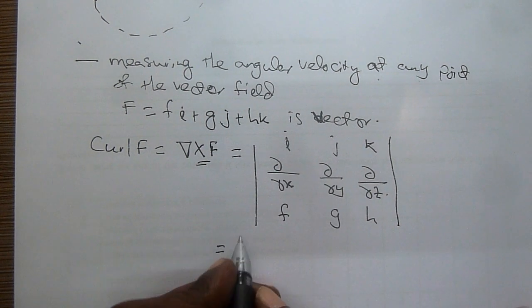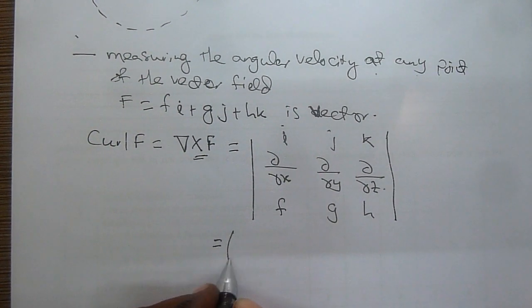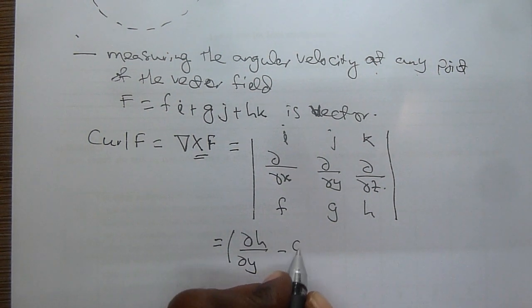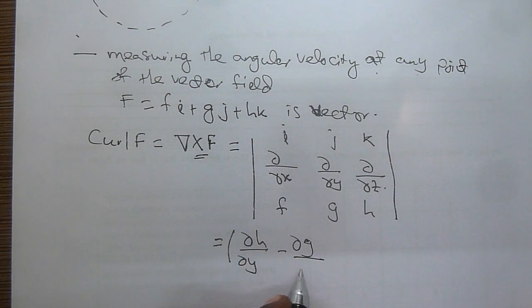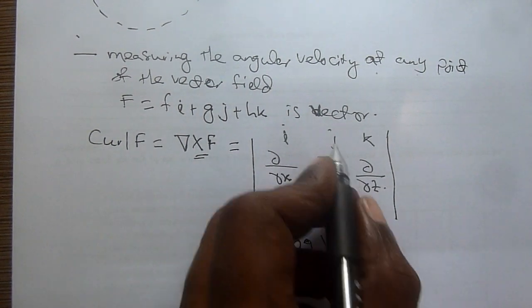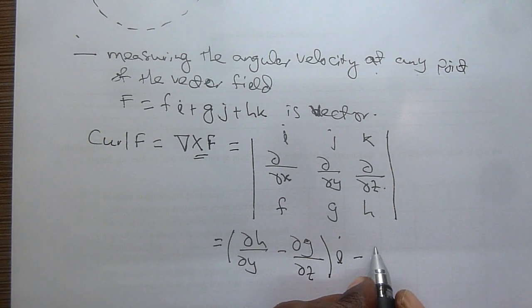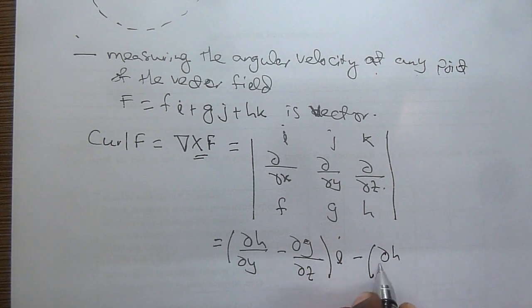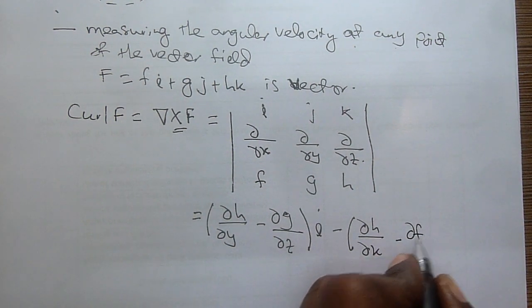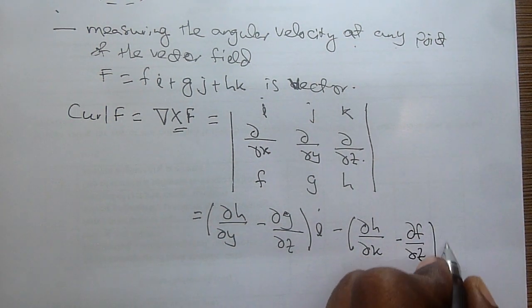For example, this is del h del y minus del g del z, which is i. Then the next one is minus, del h del x, del f del z.